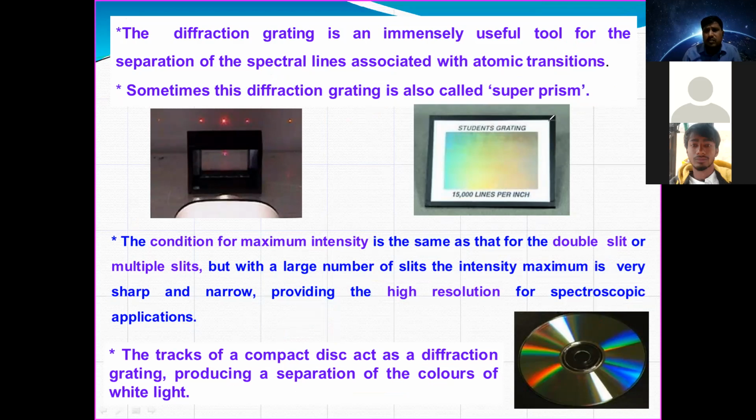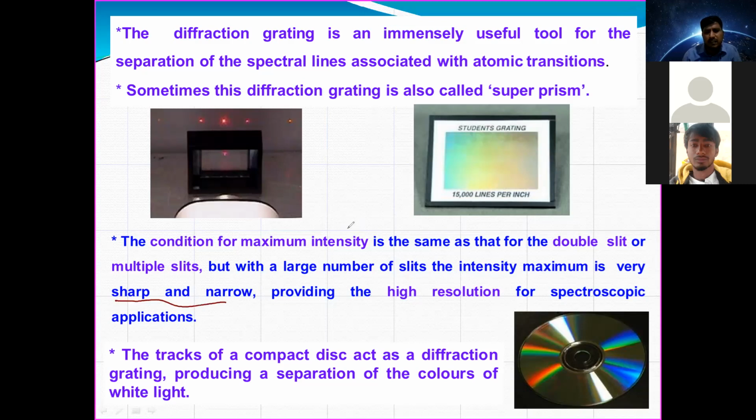The first one is to separate the colors. The second one is that we can also separate the spectral lines that come from the atom. The third one is that this is also called a super prism, because a prism also gives the 7 colors. The condition for maximum and minimum intensity is the same as for a double slit and multiple slit, but the difference is that the intensity maximum is very sharp and narrow. You have to remember these 2 points.